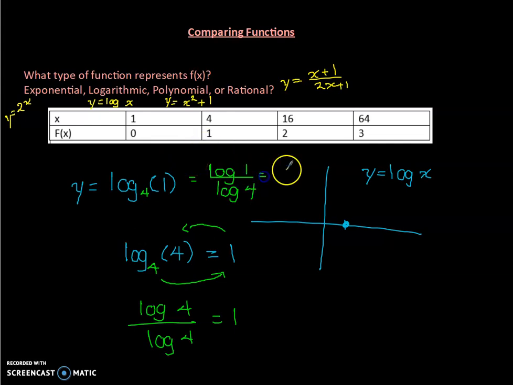So 0 over anything, so I'm going to leave it as log of 4, is still 0. So it works for this, and you can continue on. But once it works for 2 points, that's pretty much going to be your function. So it is a log function, and it would be log base 4 of x. We'll leave x and y as variables because remember you can plug any of these values in, and x and y represents any point on the graph itself.